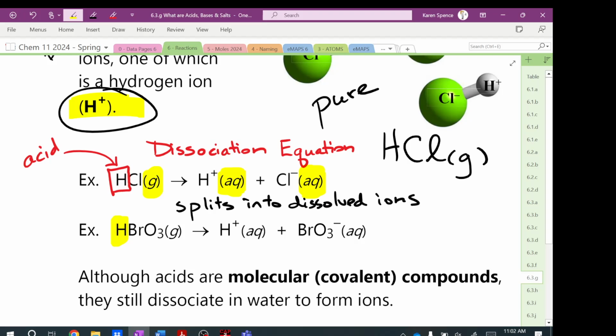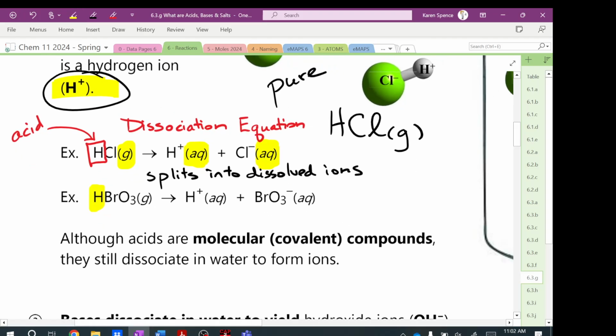Okay, and this is despite the fact that technically acids are molecular compounds. Technically, those are covalent bonds. They still dissociate in water to form ions. And it's because hydrogen is weird, okay? Hydrogen, although it is a non-metal, behaves kind of like a metal sometimes.